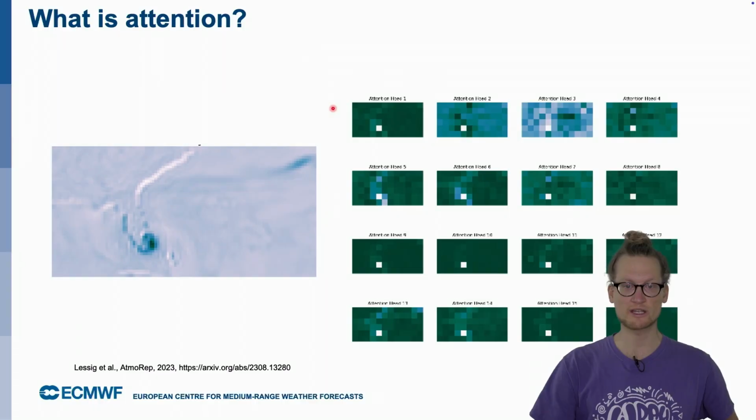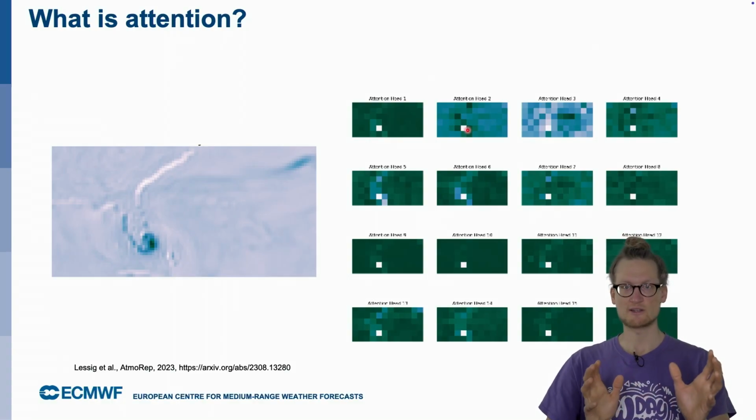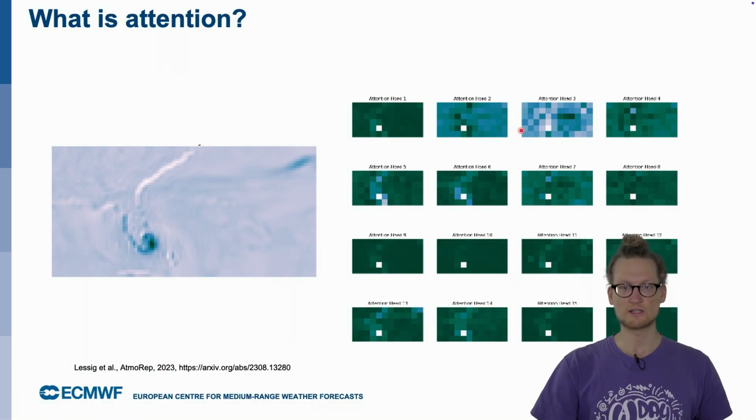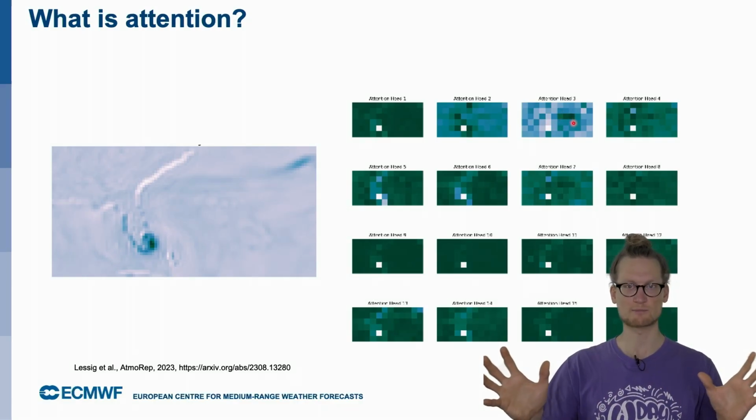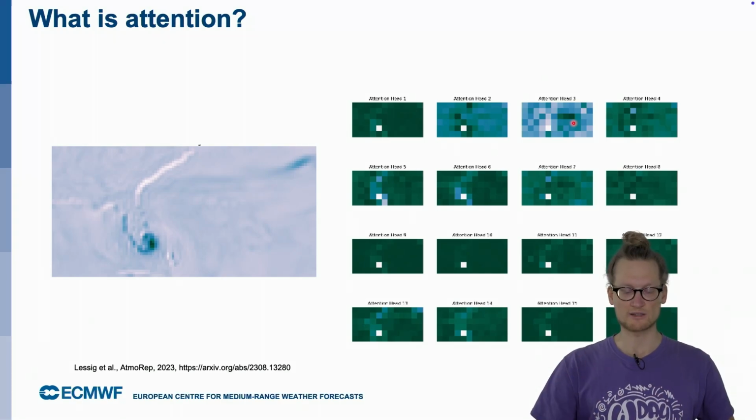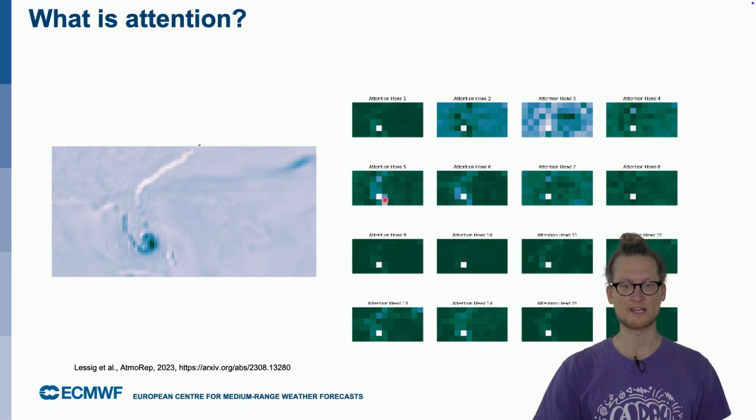Looking at the individual heads and what they attend to, we see that each of these different heads expresses its own attention map. This one here, for example, at the top, seems to capture the broad situation and wide information from the entire input, whereas others seem to rather focus on the swath of this tropical cyclone, the tail.